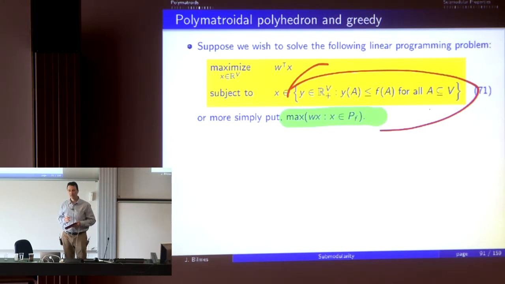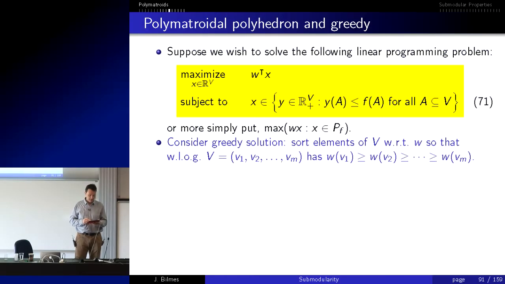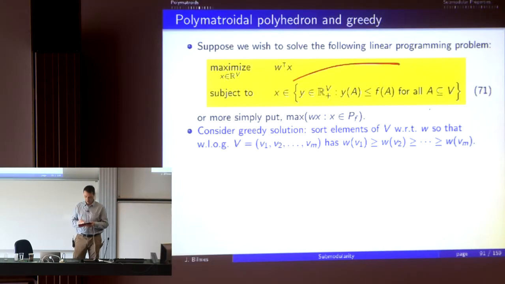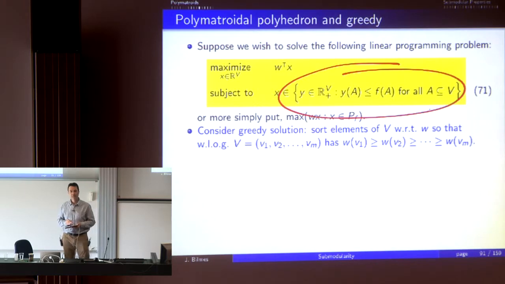That would be a little bit hard, especially if each constraint is important. In other words, if there's no redundant constraints. So this problem, you might think at the outset, is impossible. It's impossible to solve, impossible to scale. But it turns out that the greedy algorithm solves this exactly for this particular case, if the function that defines the polytope here is a polymatroid.